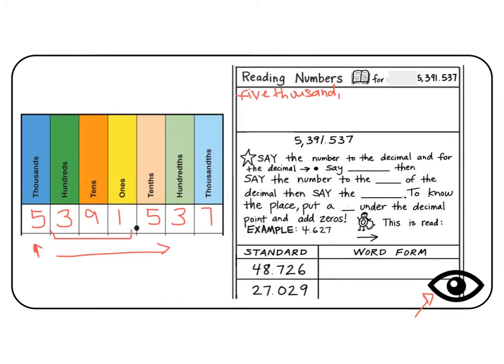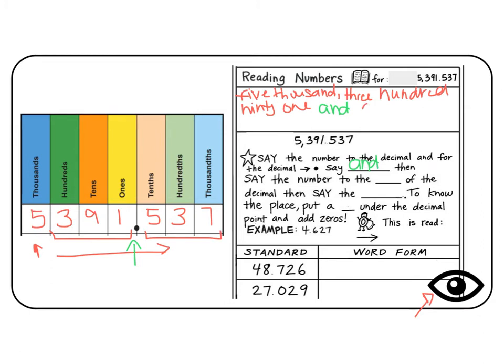So we write it together. 391. Now here's the important thing. When I see the decimal, there's a special word that I say, and that word is the word and. And then I say the next 3 numbers together, just like I did before the decimal.